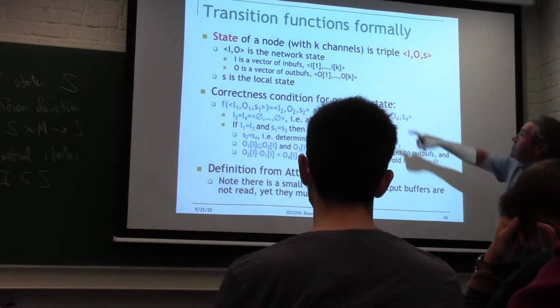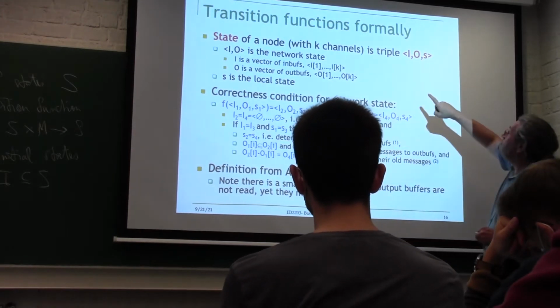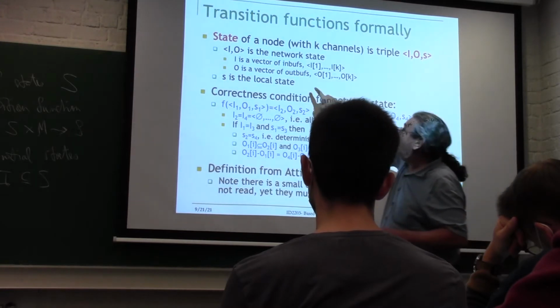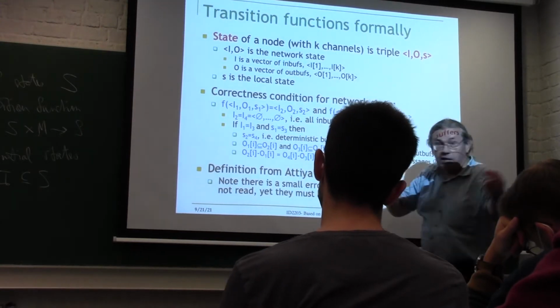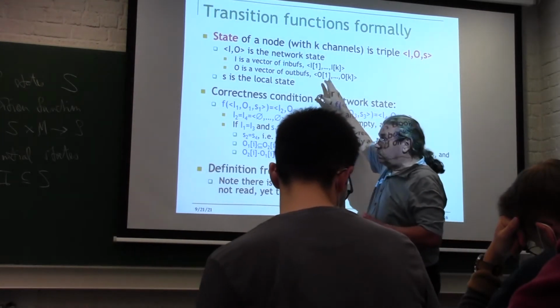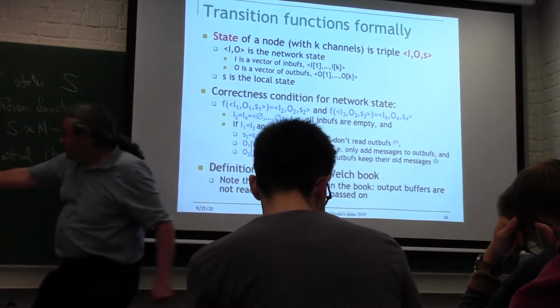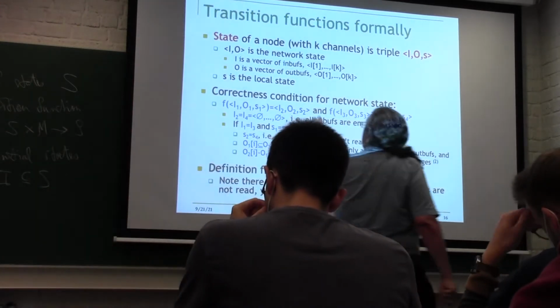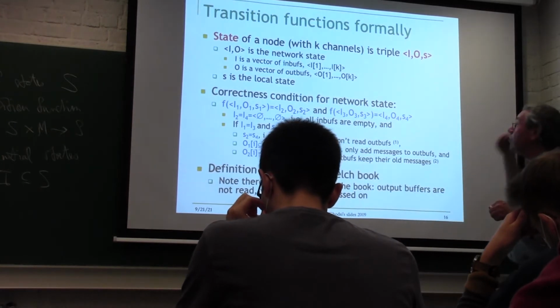Okay? So the state of a node with k channels is a triple, I, O, S. So I is a vector of inbuffs. So each line has an inbuff, huh? O is a vector of outbuffs, huh? So each of these lines has an inbuff and an outbuff, huh? And S is the local state, which is just the local variables.